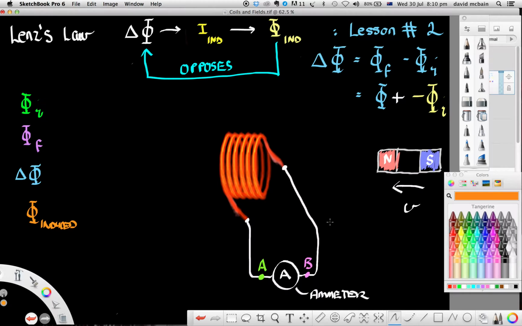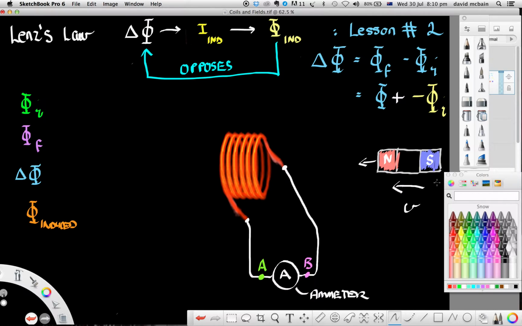Okay, so let's proceed. The initial flux. Remember, we've got a north-south pole here, so the magnetic field lines are coming out of the north pole and into the south. Which means that the direction of the field as it enters the coil will be to the left.